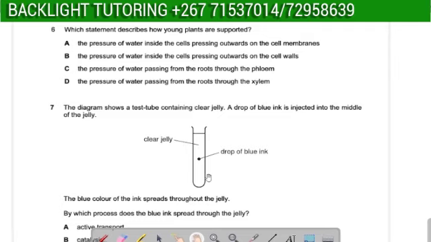Now let's look at question 6. Which statement describes how young plants are supported? The pressure of water inside the cell pressing out the cell membrane, right?